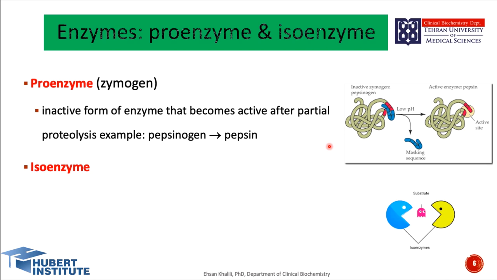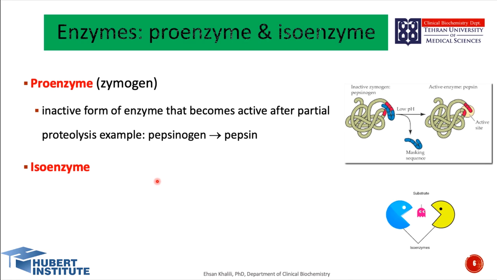Converting pepsinogen to pepsin happens by cleavage inside the protein. Here we remove one part of this whole protein, and after that the pepsinogen is activated, producing pepsin. Pepsin is the active form of pepsinogen.